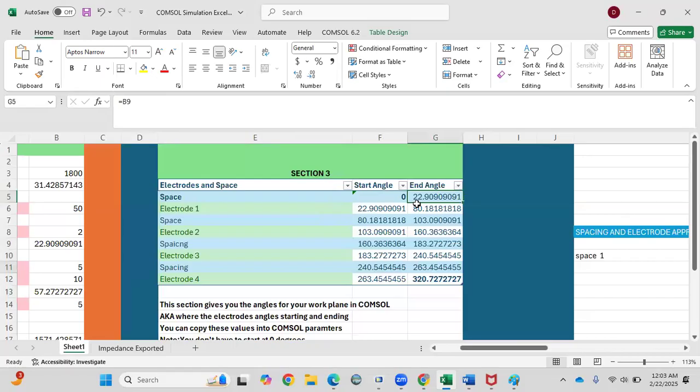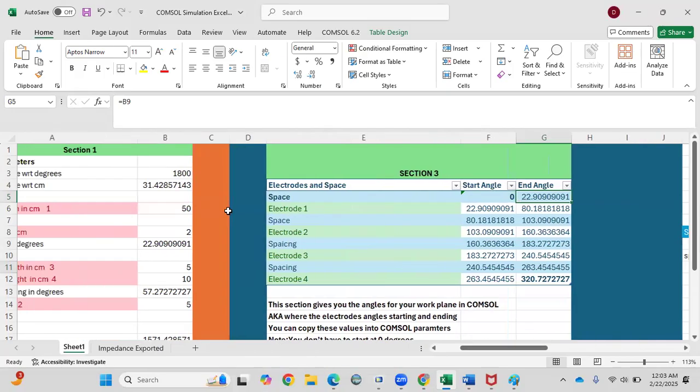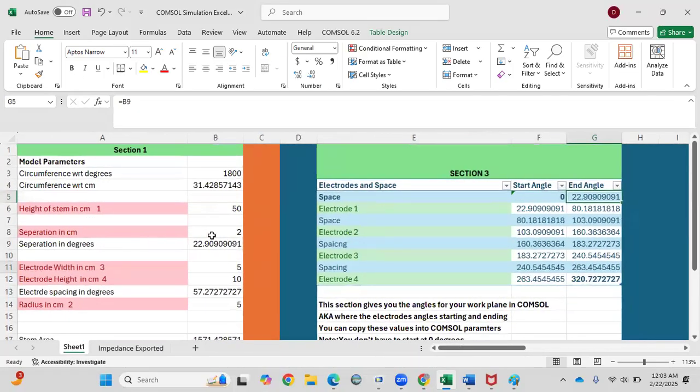The reason why is you're trying to calculate the angle based on the distance of the space. So you gave a separation which is 2 centimeters. So what we did here is actually calculate: S is equal to R theta, the same radius, and you have S which is the 2.